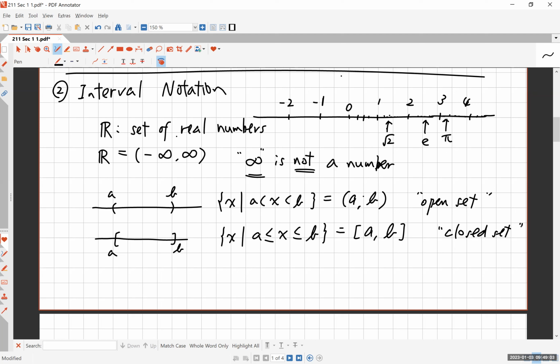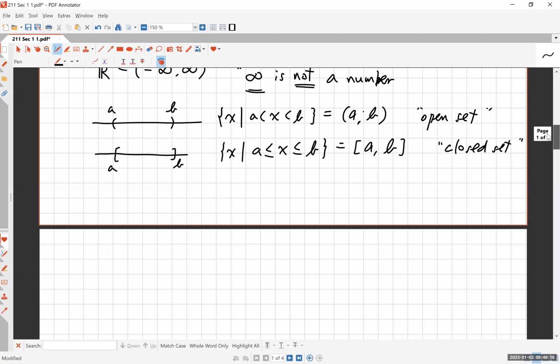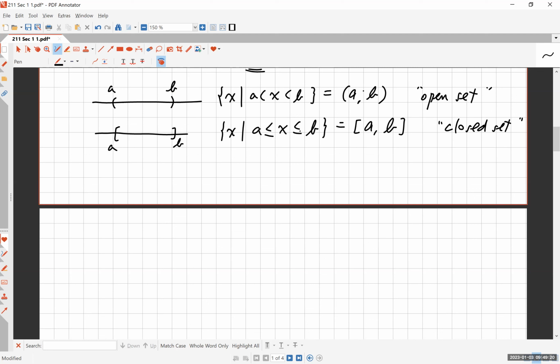A closed set includes the boundary points. With the words open and closed, it's easy to just say open means the endpoints are not included, and closed means the endpoints are included. That's fine for you to understand it this way.